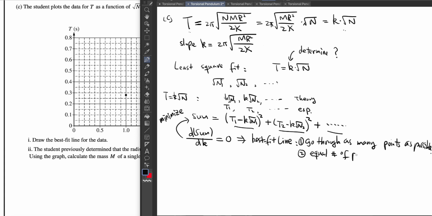of points on the two sides of the line. Okay, so above the line and also below the line, you should have uniform distribution of the points.